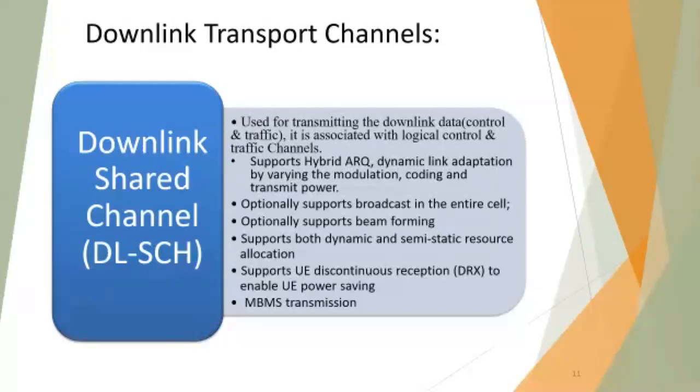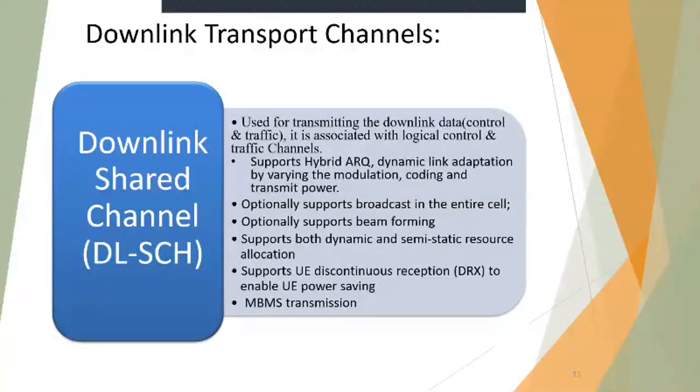Dynamic link adaptation means it will be able to vary the modulation, coding, as well as transmit power. It supports broadcast in the entire cell and also supports beamforming, and it supports dynamic and semi-static resource allocation.